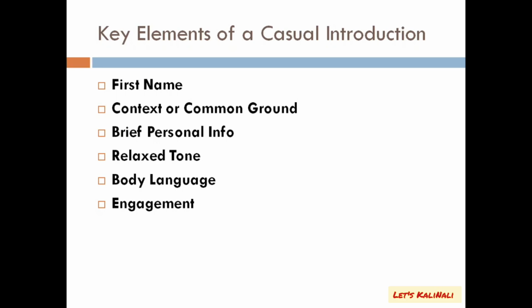And we need to explain briefly about our personal things. And then we have a relaxed tone, it should not be a formal way. And we also need to engage with our body language. And then we need to have an engagement, it means a communication way in a casual introduction.